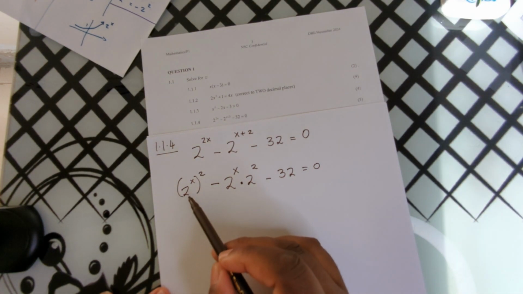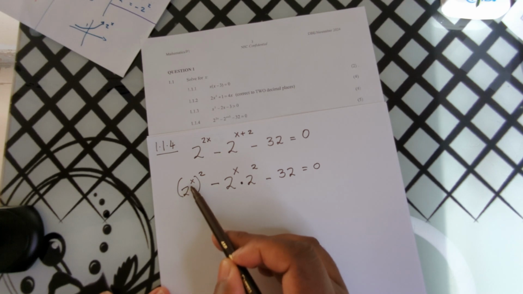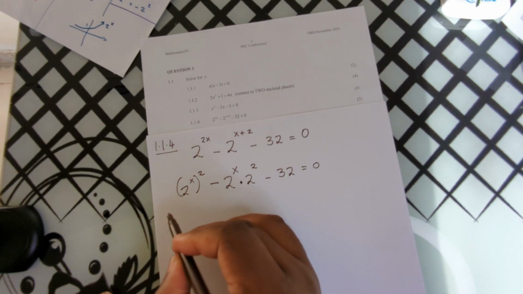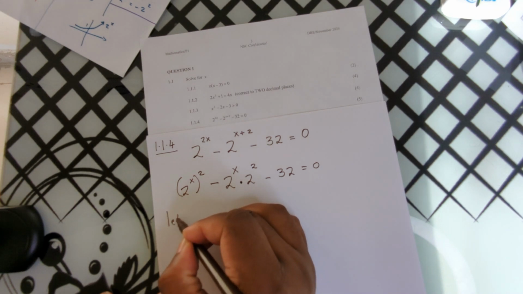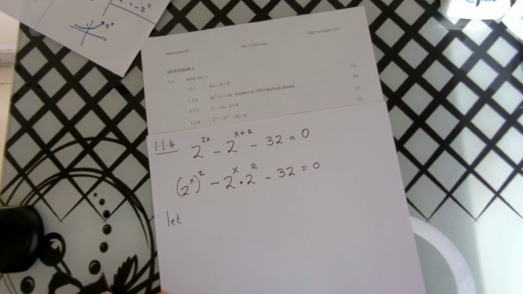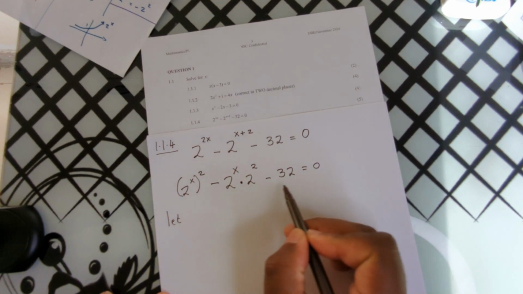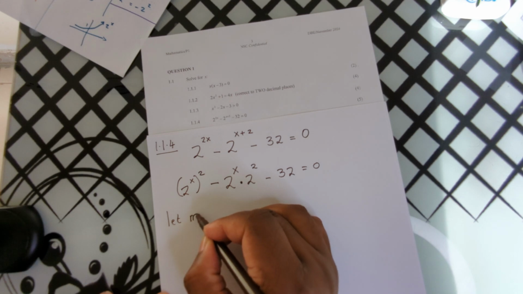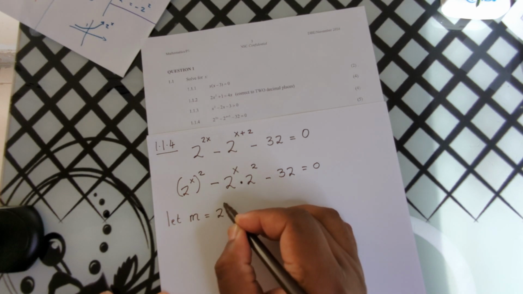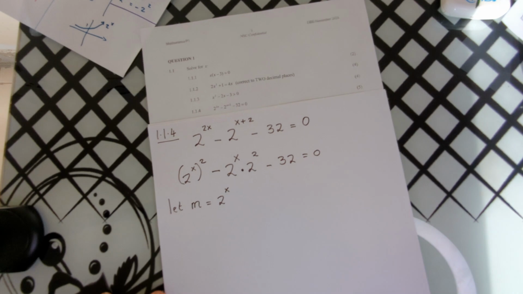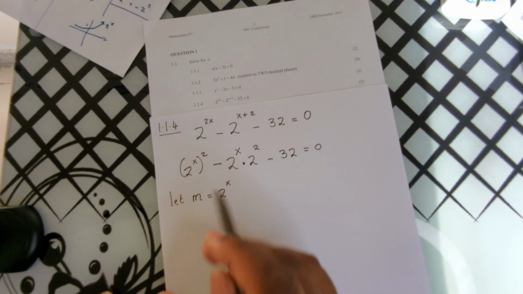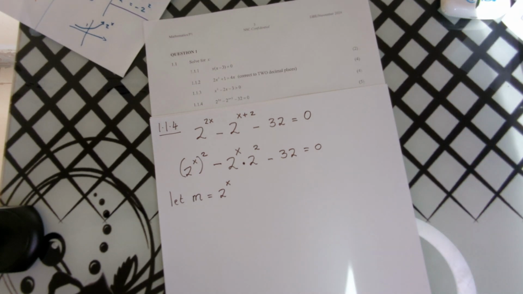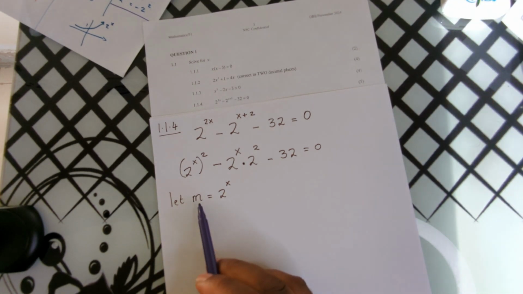And now you can see that we have 2 to the power x here and another 2 to the power x here. So let's use any letter that we can use, and let's try to turn this into a quadratic equation. So let's say maybe let m is equal to 2 to the power of x. Now let's replace everywhere where you see 2 to the power x with m.